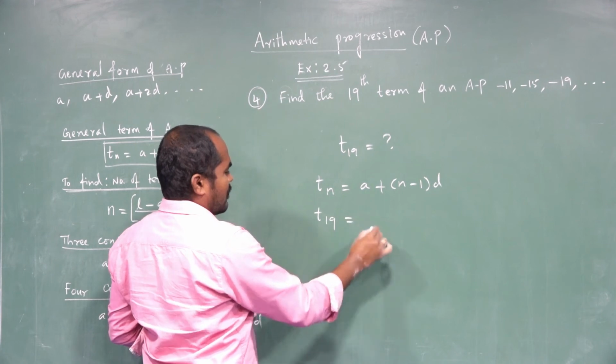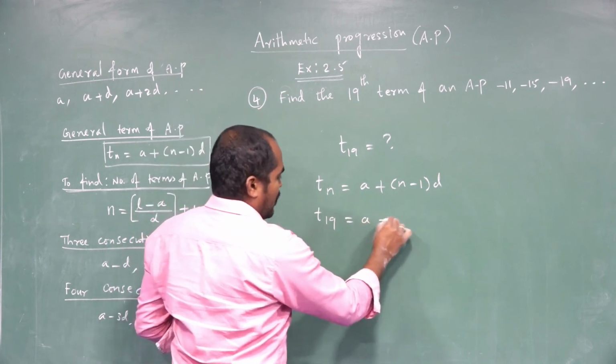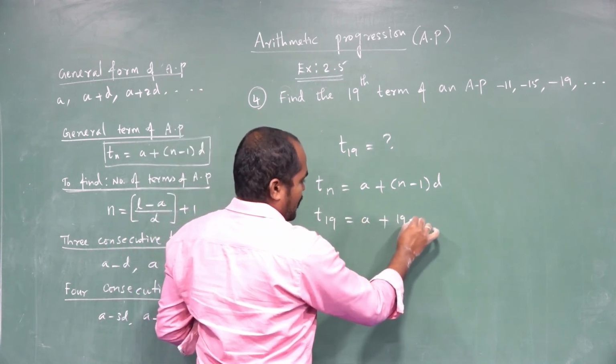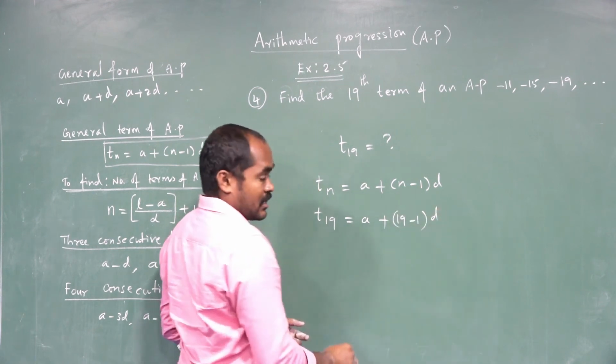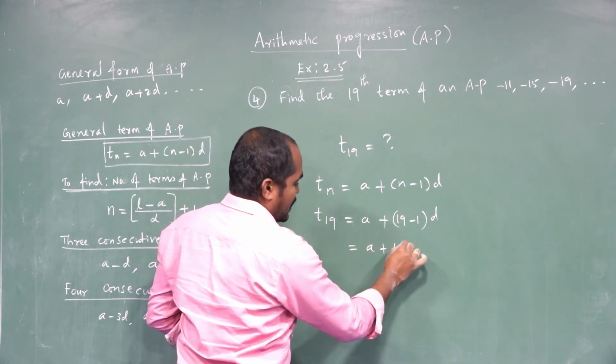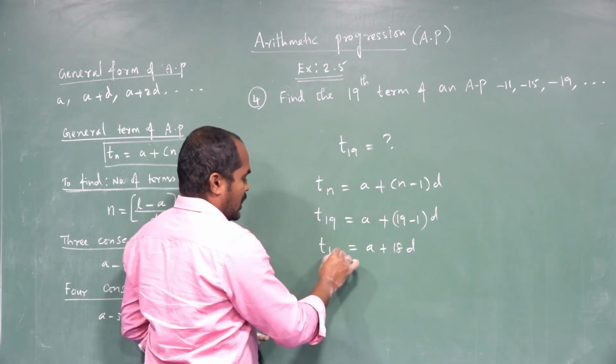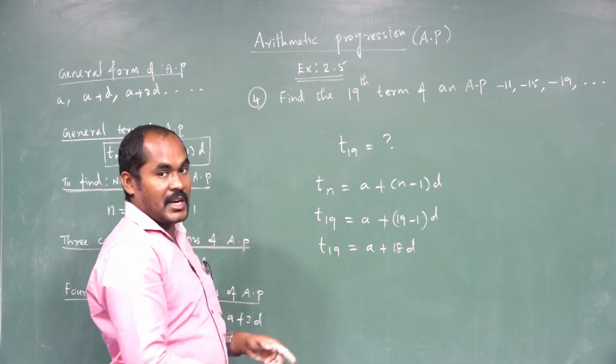So T19 equal to A plus 19 minus 1 into D, right? This is A plus 18D. So T19 is A plus 18D.